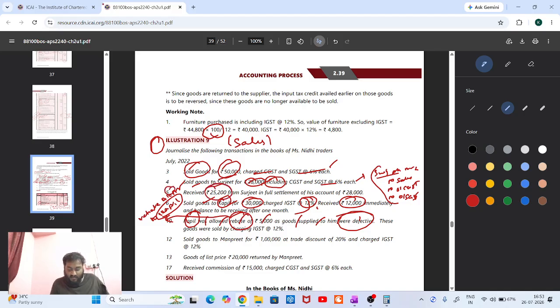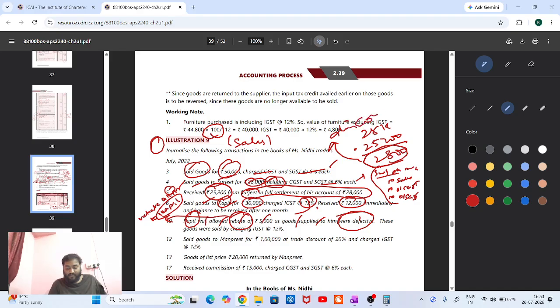Okay, I think we have receipt also. Received 25,200 from Surjit as full payment on account of 28,000. So 28,000 minus 25,200, I guess it is 2,800, the balancing figure. This is the discount that has been allowed. So who is Surjit? Surjit is a debtor. In order to reduce the balance of the debtor, we credit. Surjit is credited.